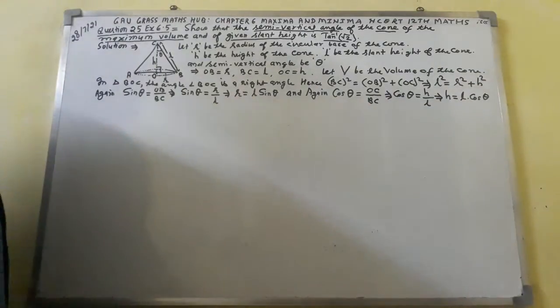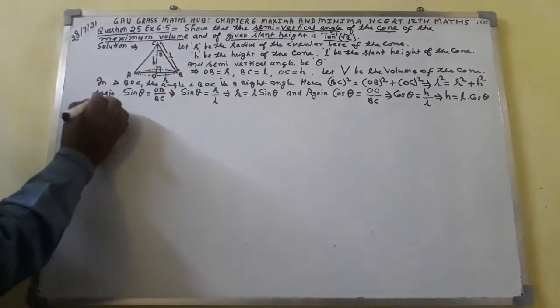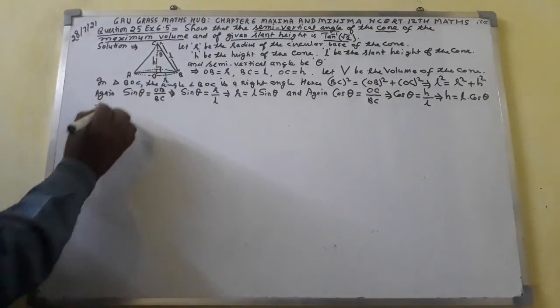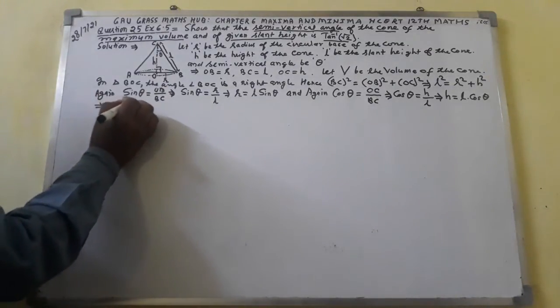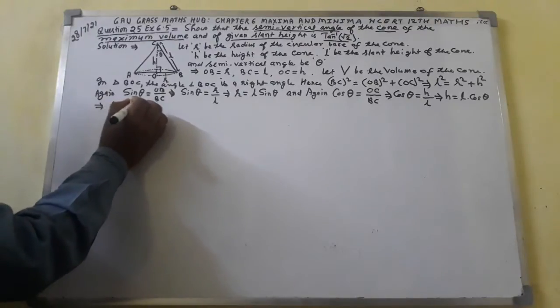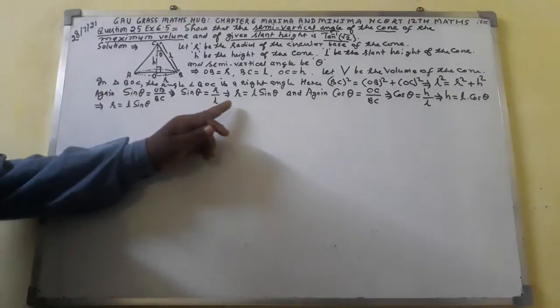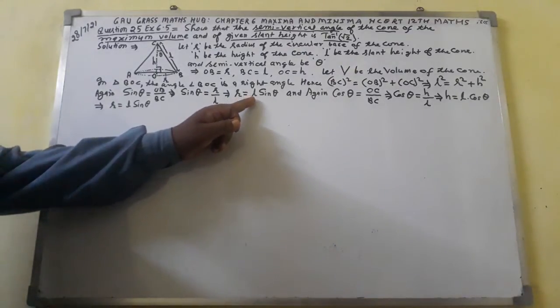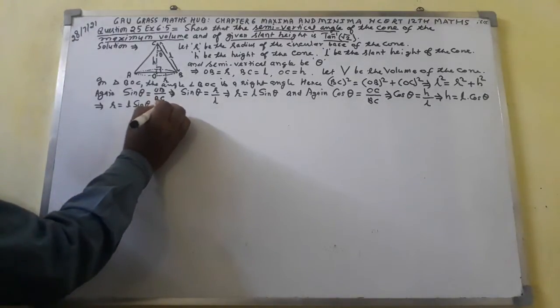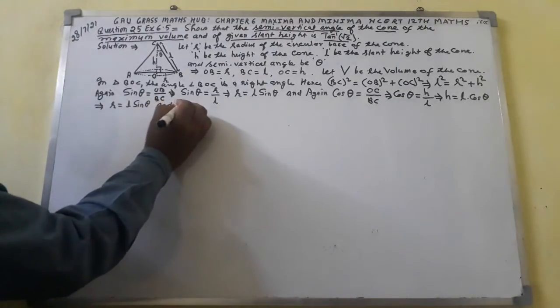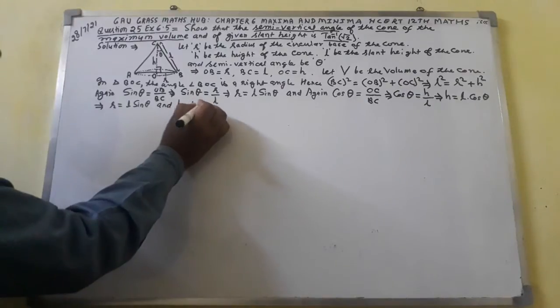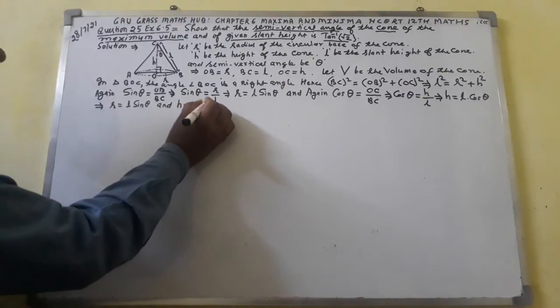So you have R is equal to L sin theta and H is equal to L dot cos theta. This is L.